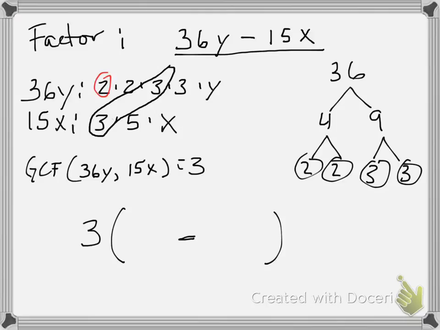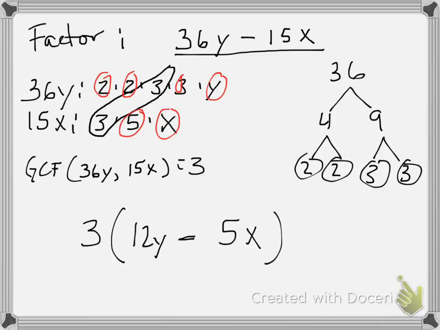I have a 2, another 2, a 3, and a y. So if I multiply those together, I have 2 times 2 is 4, 4 times 3 is 12, 12 times y is 12y, and my factors left for 15x, I have 5 and x, and those multiplied together are 5x.